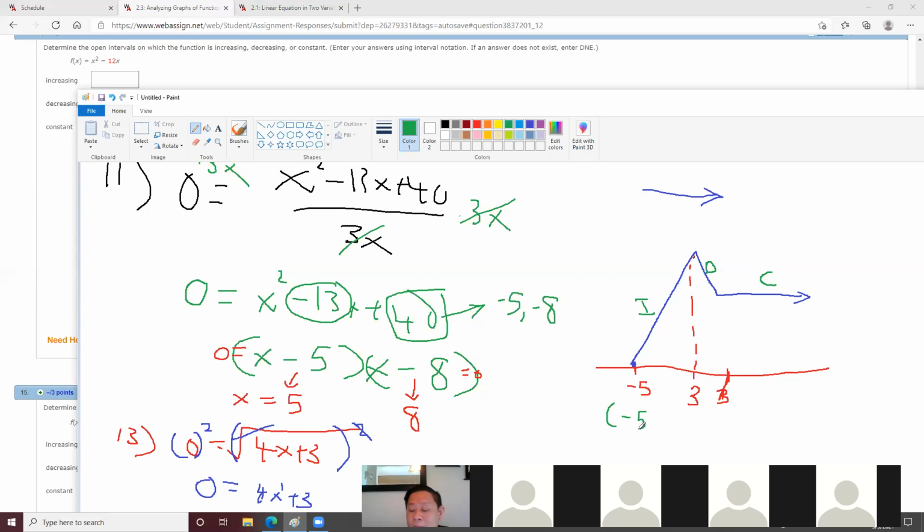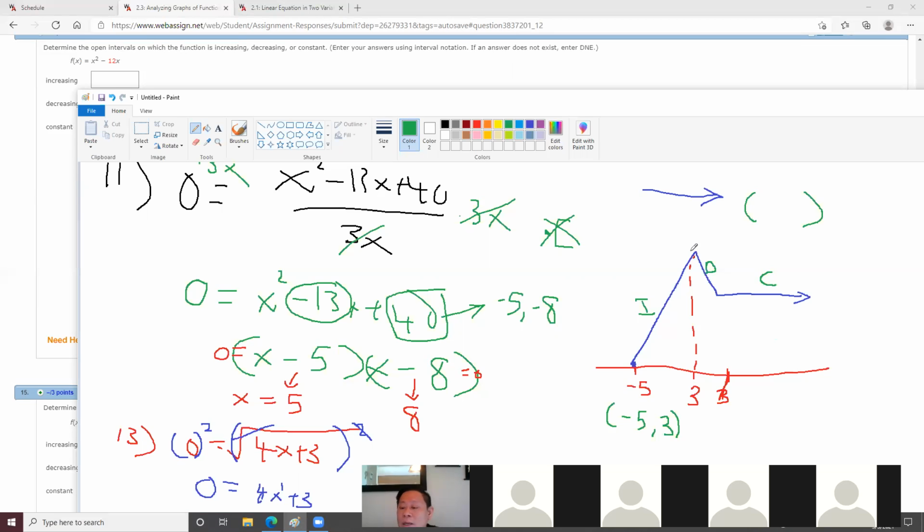Parentheses negative 5, 3. And a lot of students say, wait a minute, David, you put a dot here, and if I remember, dot, we use bracket, right? Not for increasing, decreasing, constant. Every time you do increasing, decreasing, constant, you use parentheses, regardless of whether you touch or not, or open circle or closed circle or whatever you have.